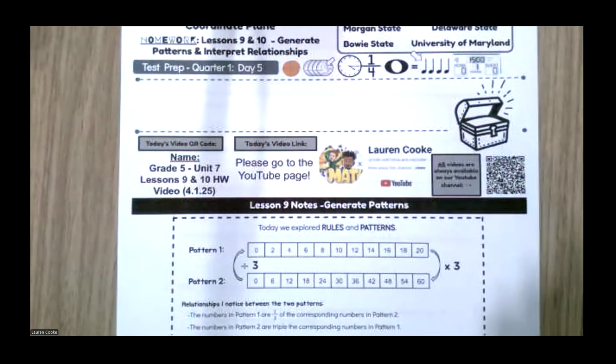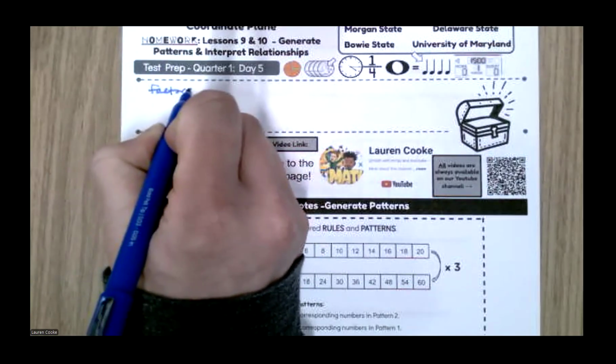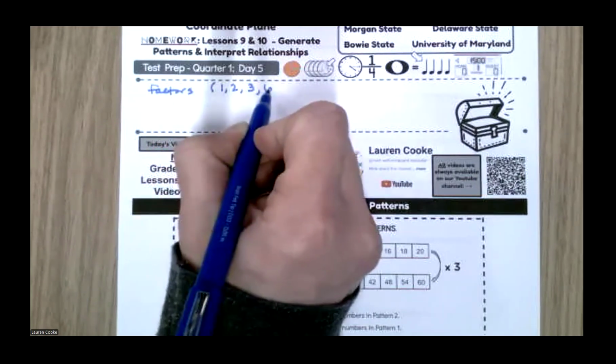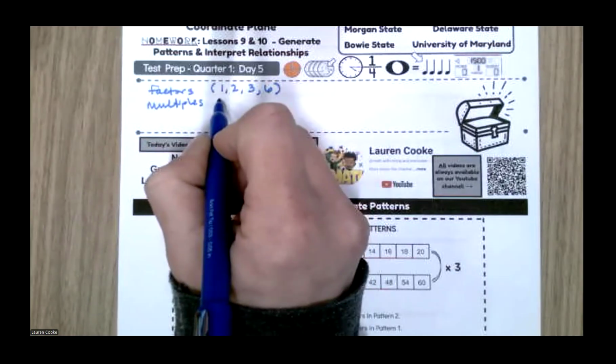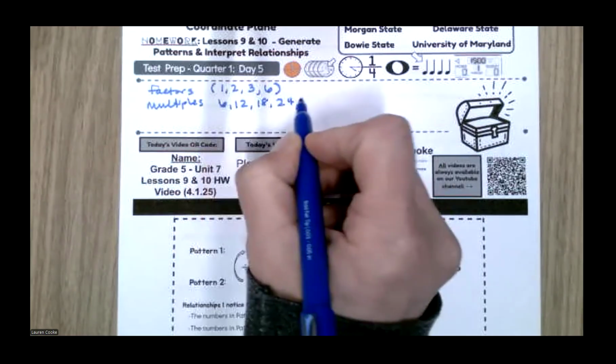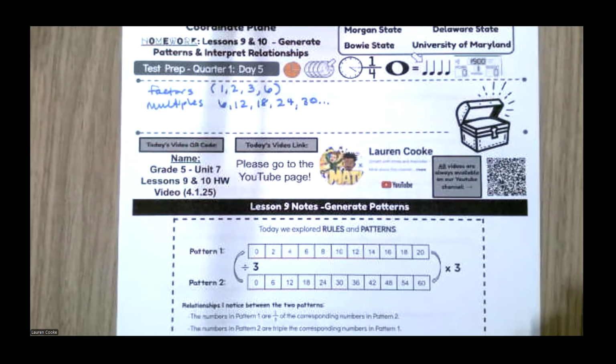Anyways, things that we want to remember are factors, which are things like 1, 2, 3, and 6, but multiples are like 6, 12, 18, 24, 30, etc. So those are quite a difference.